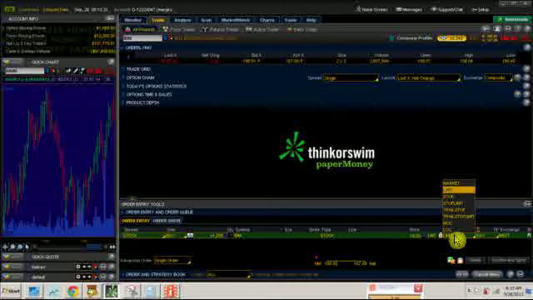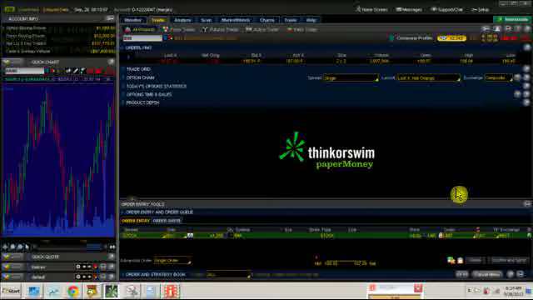Now the orders, as you can see, there's quite a few different ones. Market order is whatever the market is at the moment. Okay, as soon as this trade comes to the trade desk in New York, Philadelphia, or wherever it's going, whatever the market is at that moment, that's what it's going to be filled at.